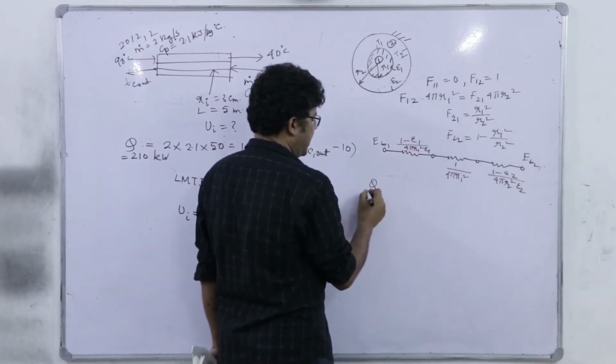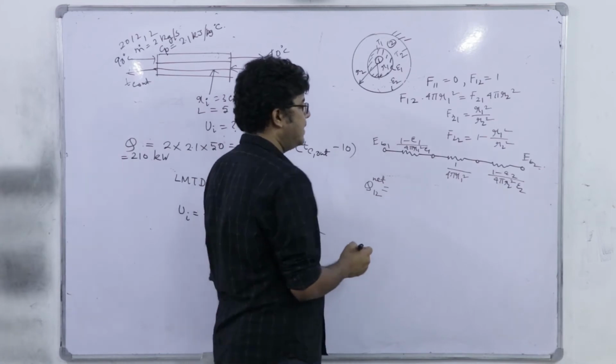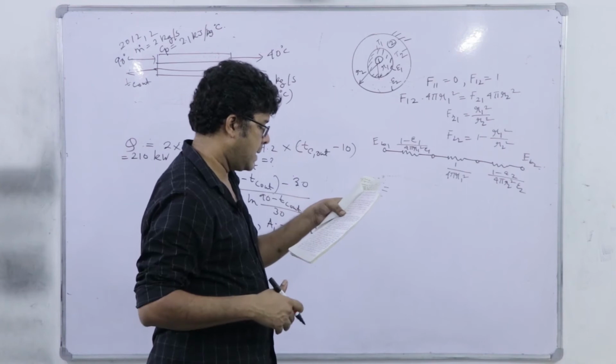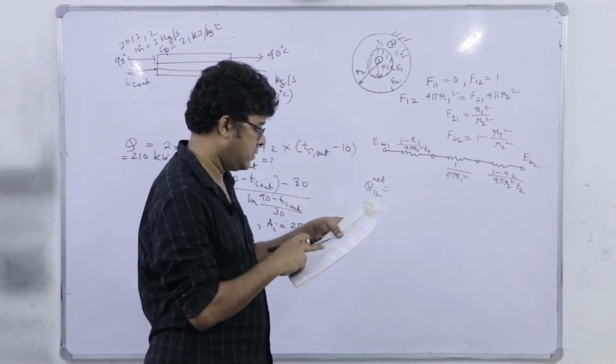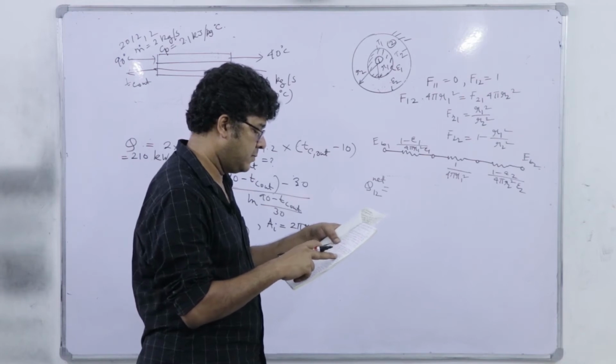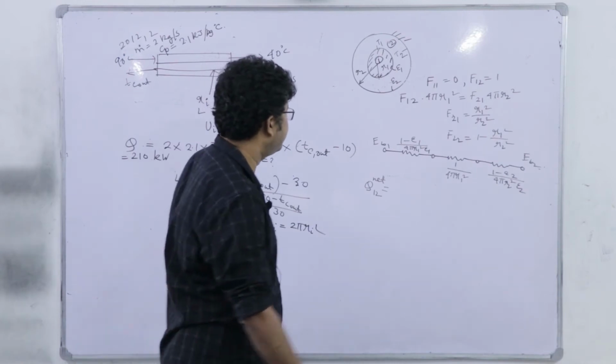So Q, basically Q net or Q12 net, the net rate of radiation loss. What is the question? Calculate the rate of radiation energy gained by the inner surface.